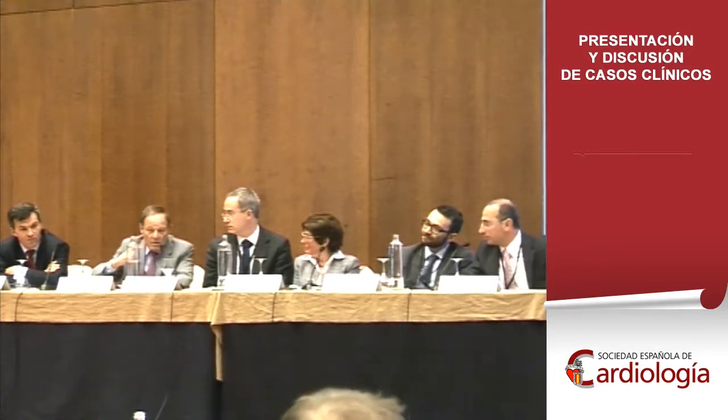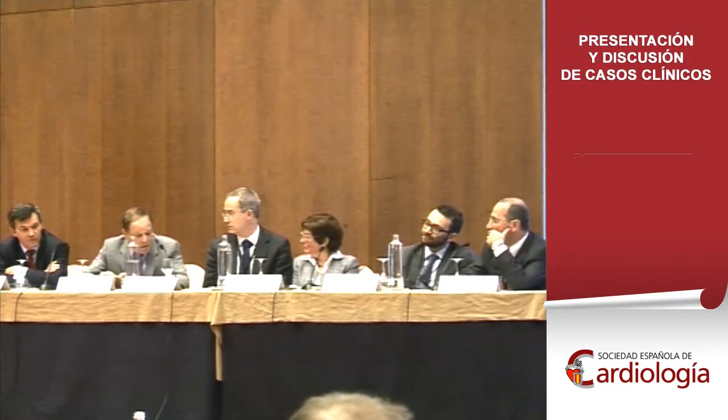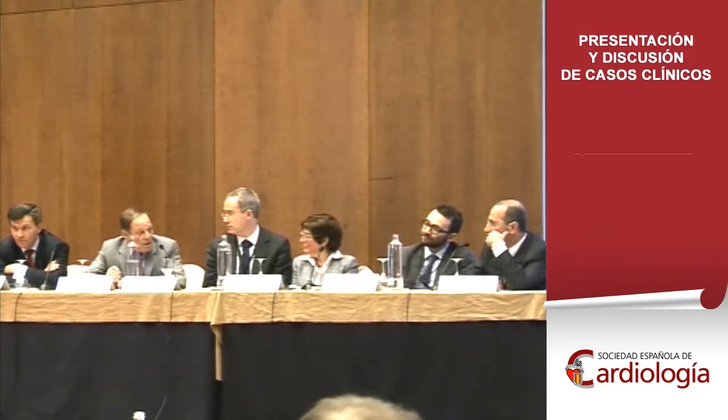I believe that there's a lot of solid data with bival in primary PCI, versus heparin and a 2B3A. There's not so much data with bival versus just unfractionated heparin. I think that's what came out at the ACC and caused all the shouting match that we saw.